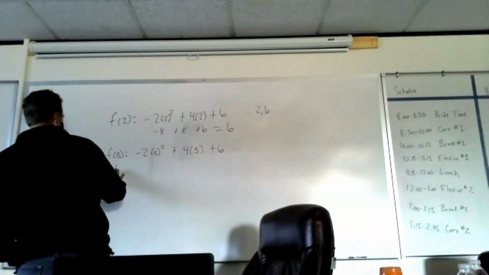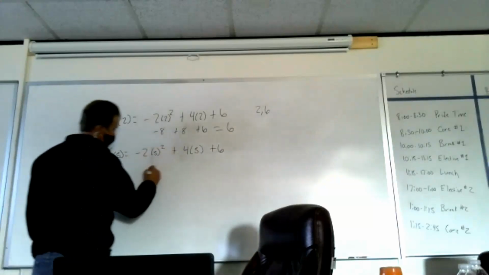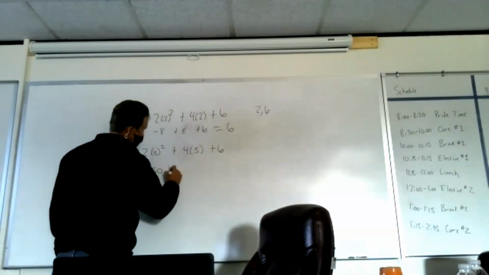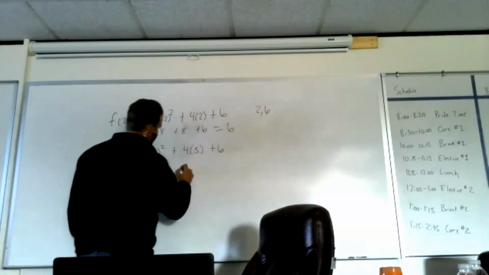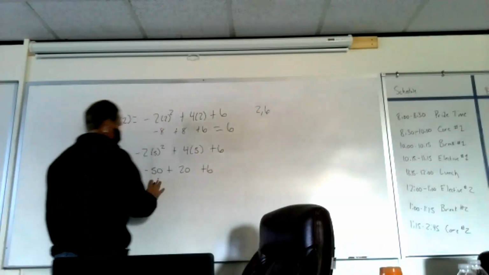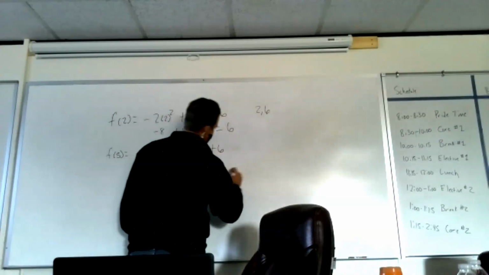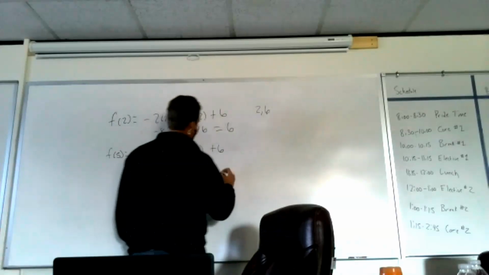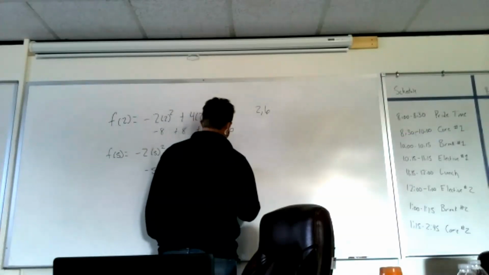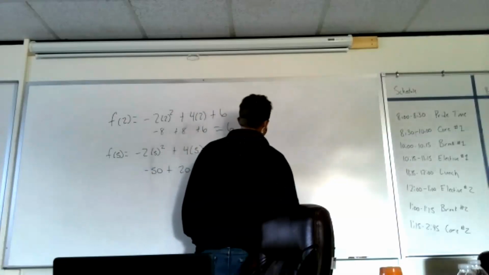Okay, and then I'm working 5. 5 squared is 25 times -2 is -50. Plus 4 times 5 is 20 plus 6. So -50 plus 20 is -30 plus 6 is -24. And I have the point (5, -24).